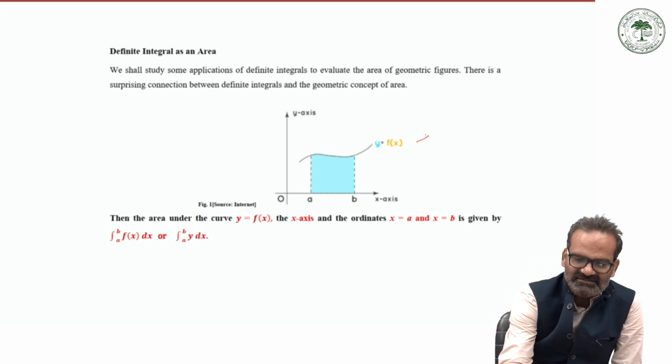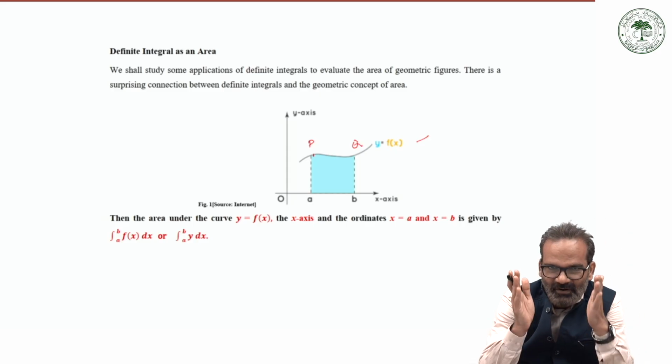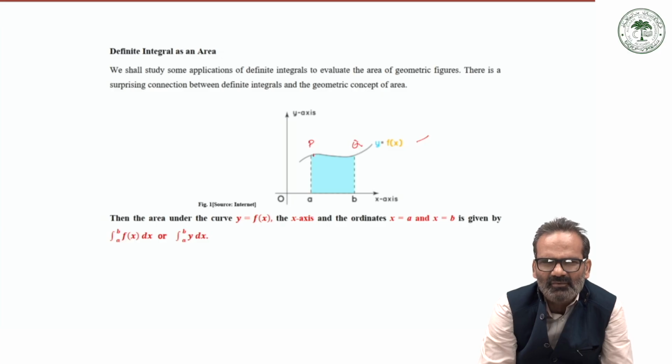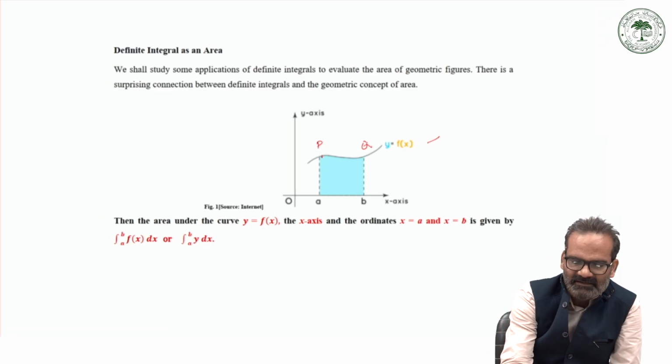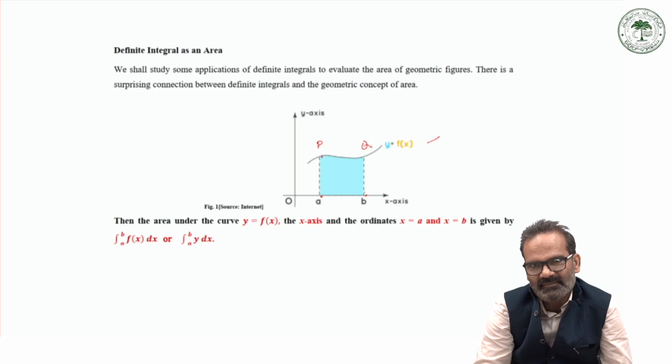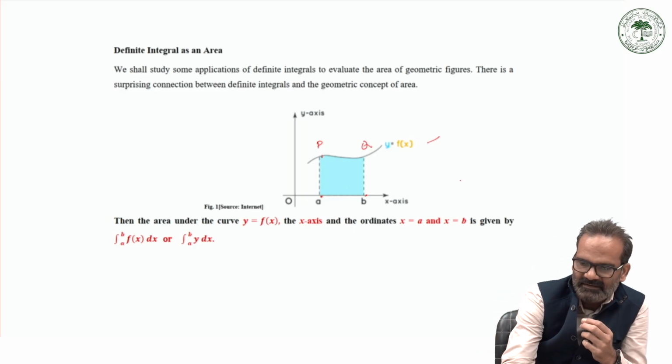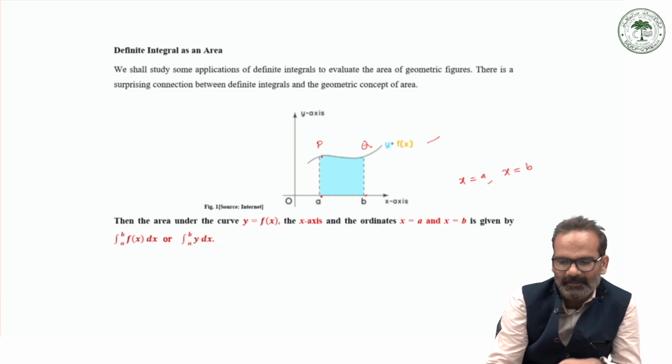Take any two points on this curve, say P and Q. Now draw perpendiculars from these points P and Q on the x-axis. Say this is the point x equals a, and this is the point x equals b.